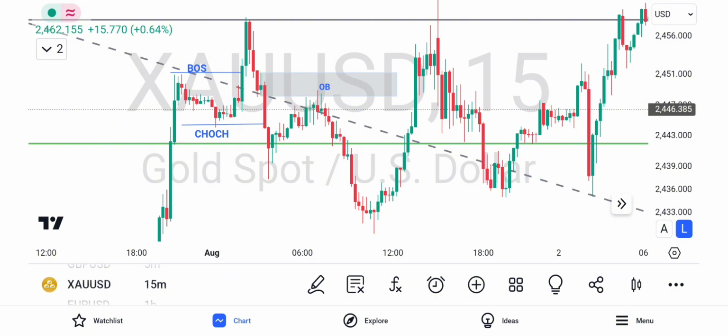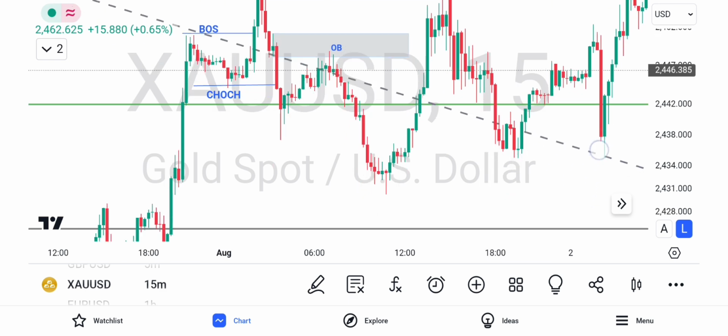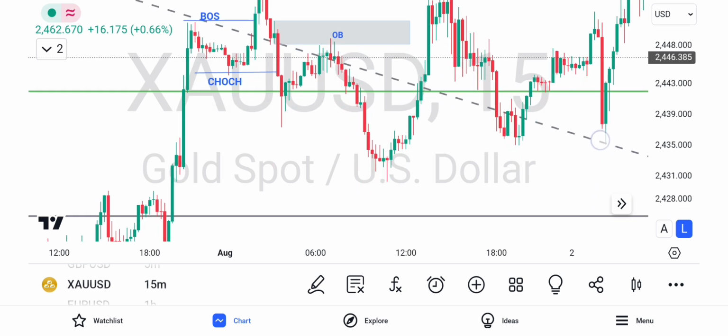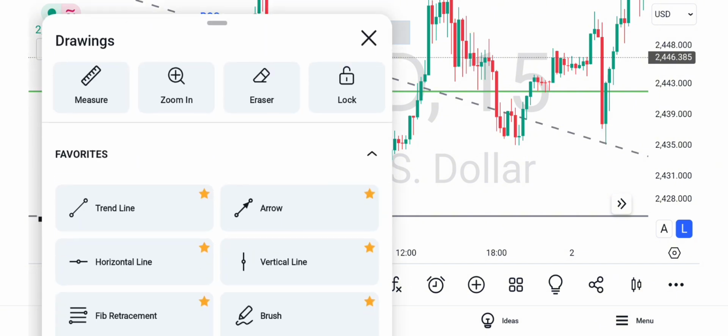Now some of you will be asking, where would be my take profit? Okay, so here your take profit can be at this axis.